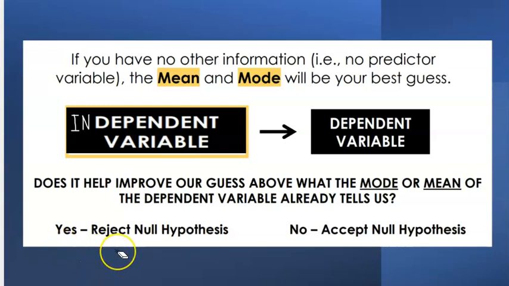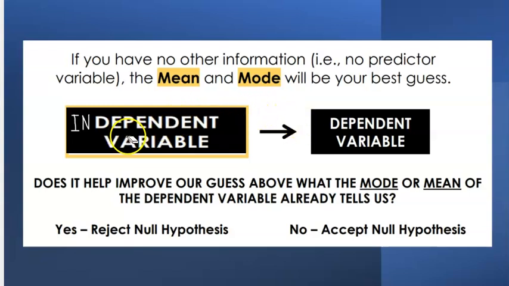In the first part, what I want to show you is when you have two variables, one independent variable and one dependent variable, and you want to use those variables to make your prediction and your assumption about the relationship between the two.